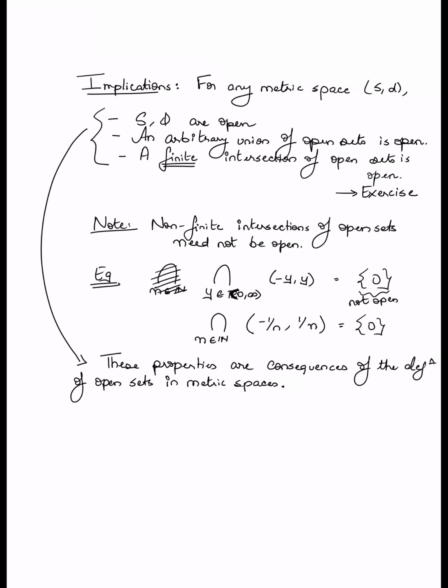However, it is also of interest to define open sets in more general spaces, in more abstract spaces that don't have a metric. In such cases, the same three properties are used as the axioms to define the set of all open sets. When I say more abstract spaces, I mean spaces without a metric or a distance function.